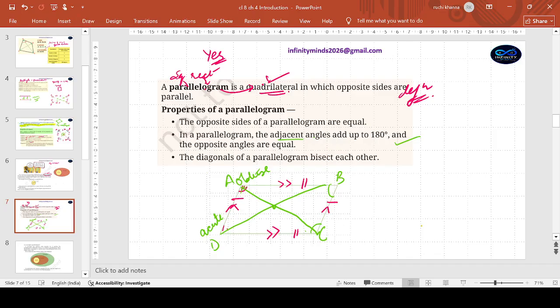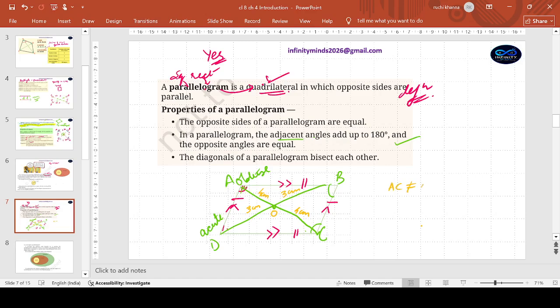Just notice what I'm trying to explain now. Say 3 centimeter and 3 centimeter, 4 centimeter and 4 centimeter. O is the point of intersection of the two diagonals AC and BD. Diagonal BD was 6 centimeters in length and diagonal AC is 7 centimeters in length.